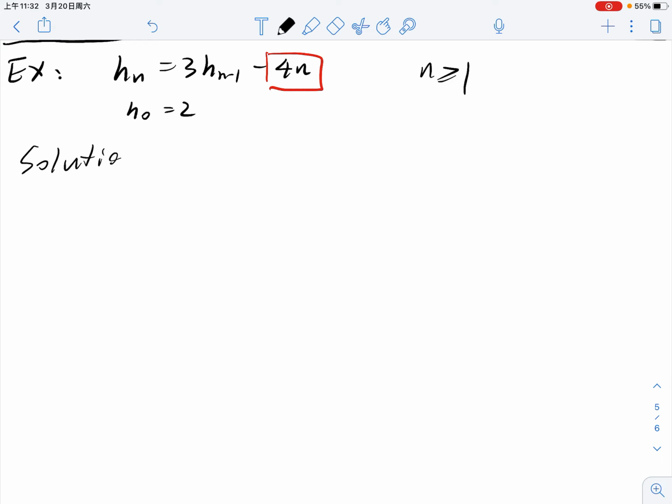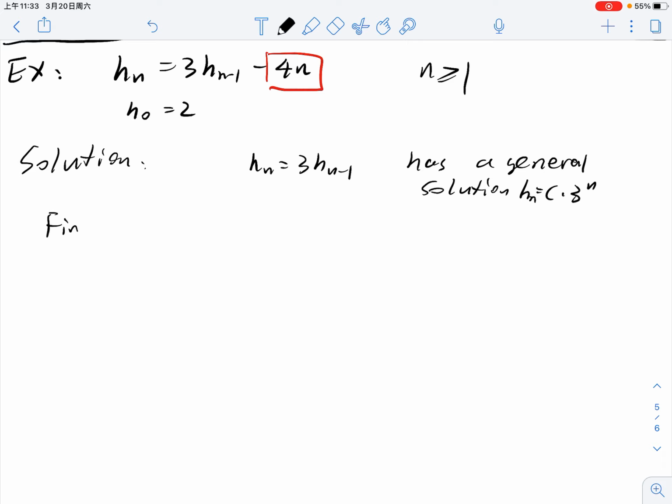And so the solution is we first find the general solution for the homogeneous part. Then all you need to do is find one special solution of the non-homogeneous part.